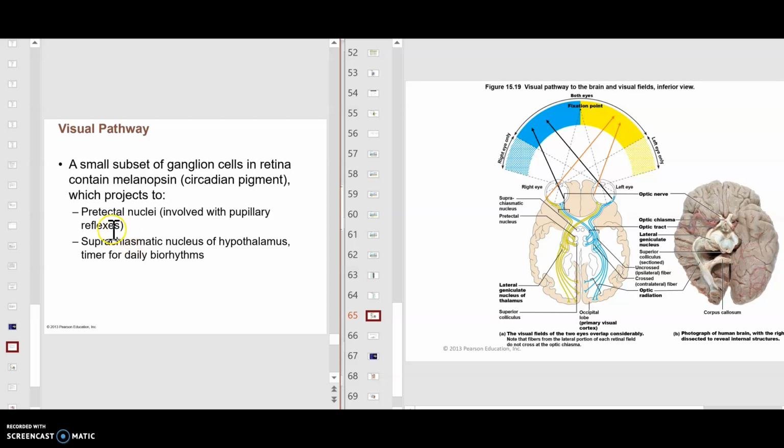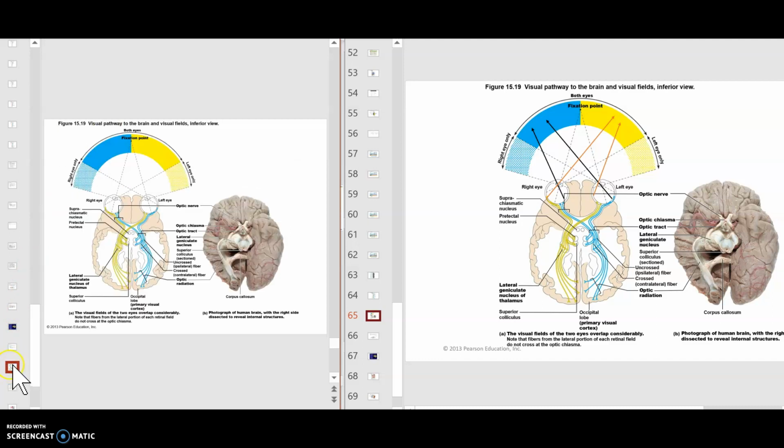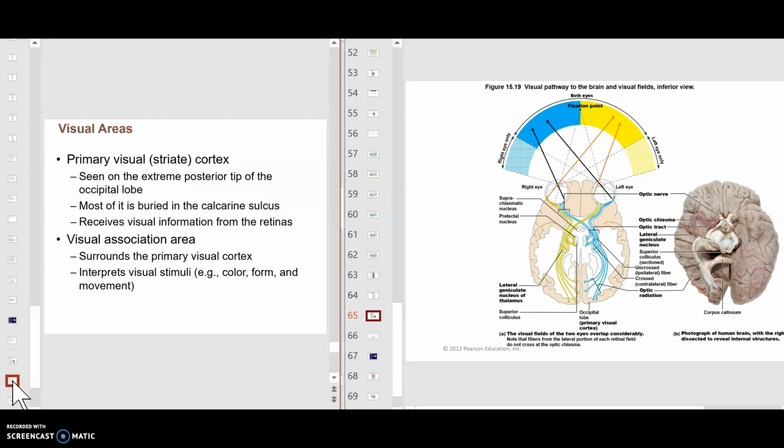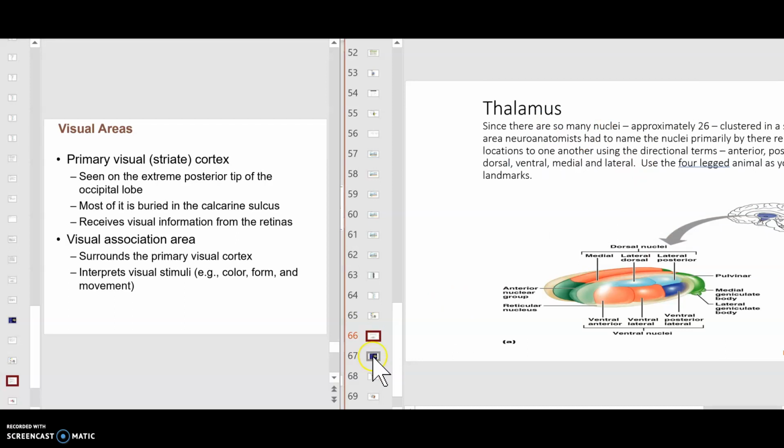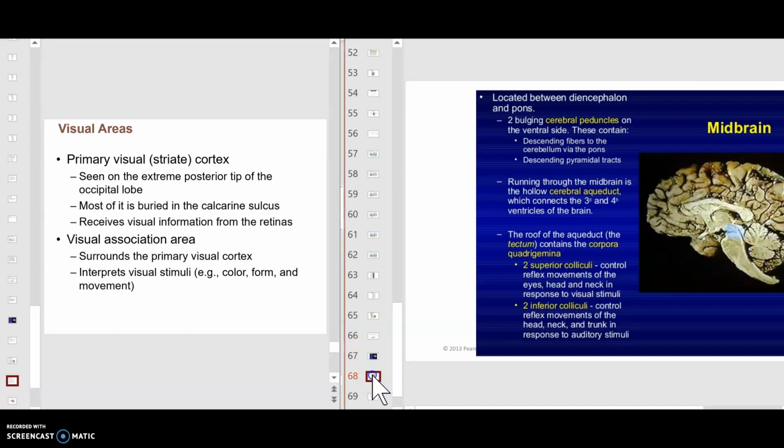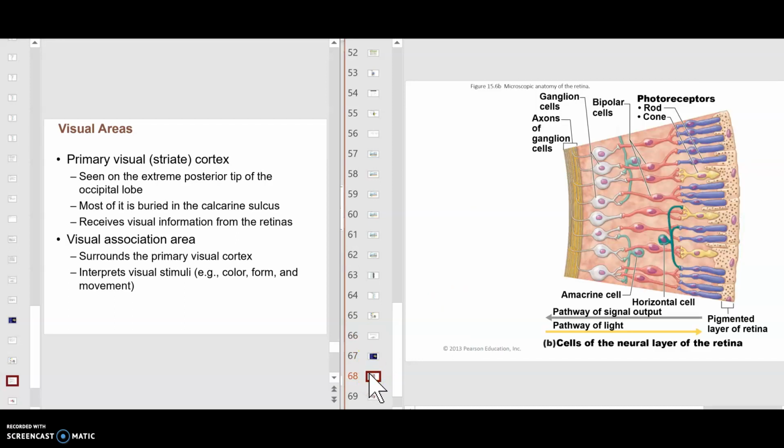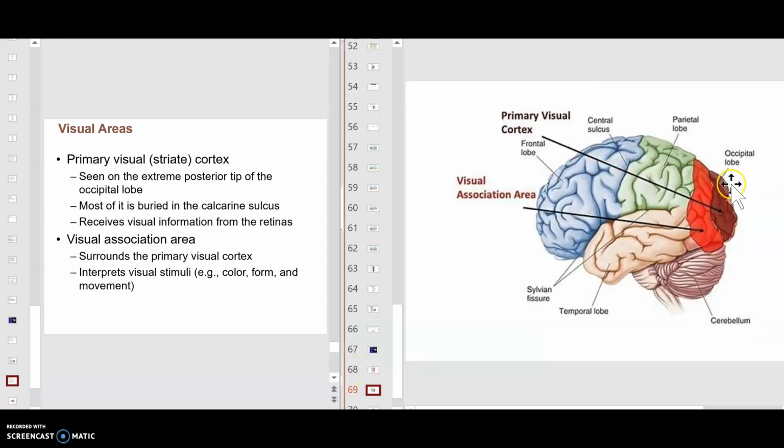All right. So we go a little further here. Here again is that picture we looked at already. We have the primary visual cortex, which is back here. There's the thalamus. And then we have the visual association cortex.